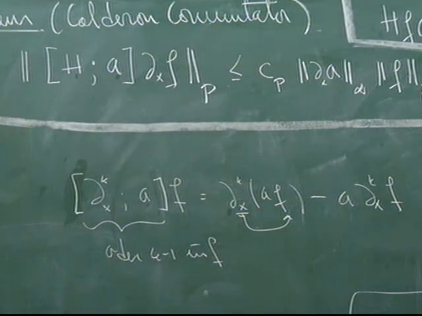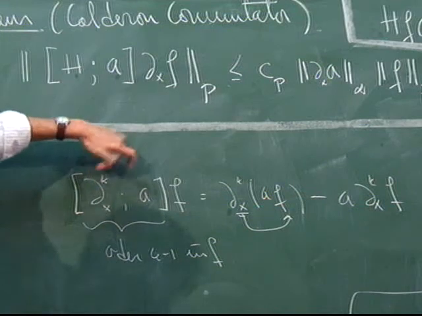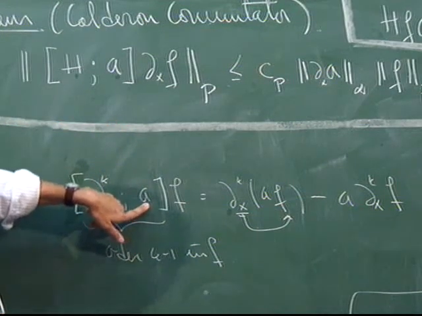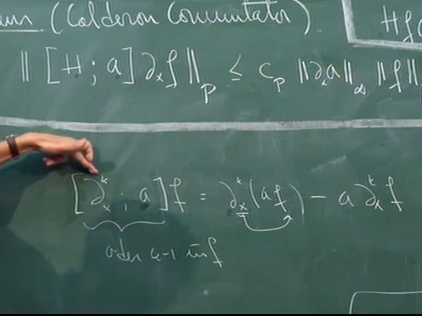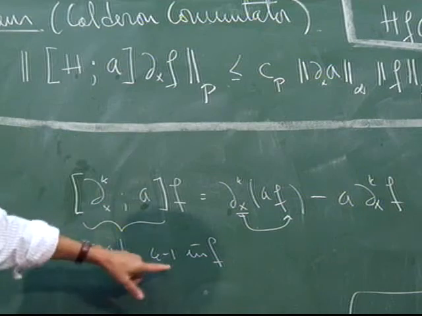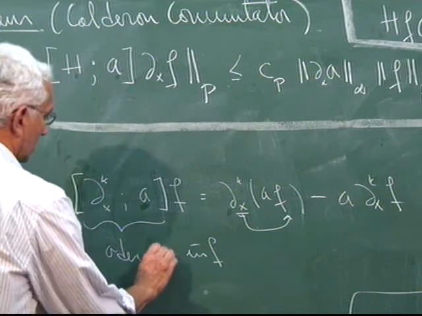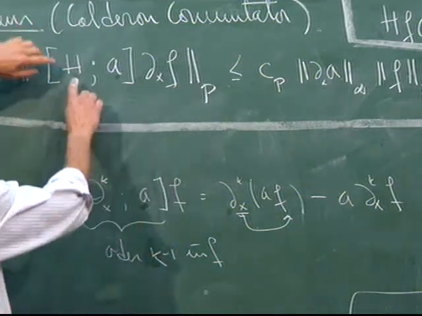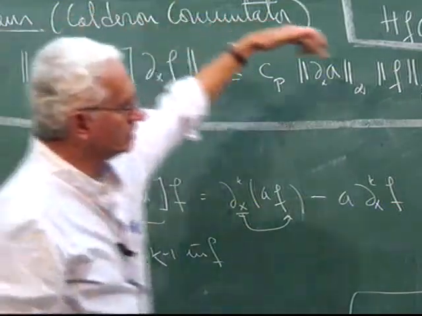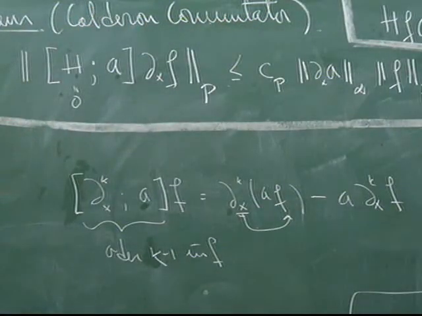Right? When you commute two differential operators, you lose one degree. Multiplication by A is an operator of order 0. Differentiation of order k is an operator of order k. You commute, you have order k minus 1. Well, roughly speaking, this is the same. This is an operator of order 0 because it's a Hilbert transform, that is, the symbol has order 0.